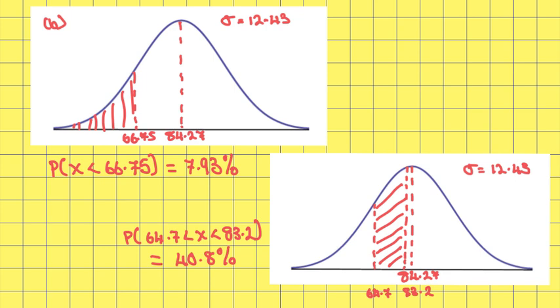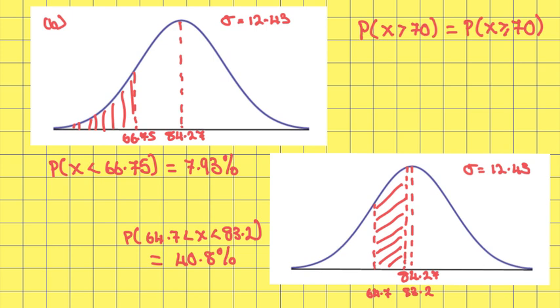Before we go any further, I'd just like to point out one anomaly when dealing with normal distribution. The probability that x is greater than, say, 70 is equal to the probability that x is greater than or equal to 70. It doesn't matter, or it has no effect, whether 70 is included or not included.